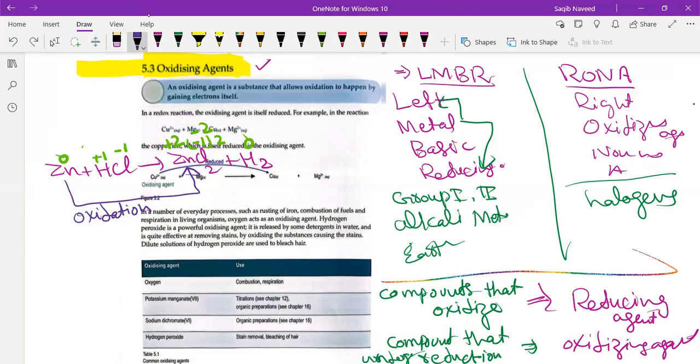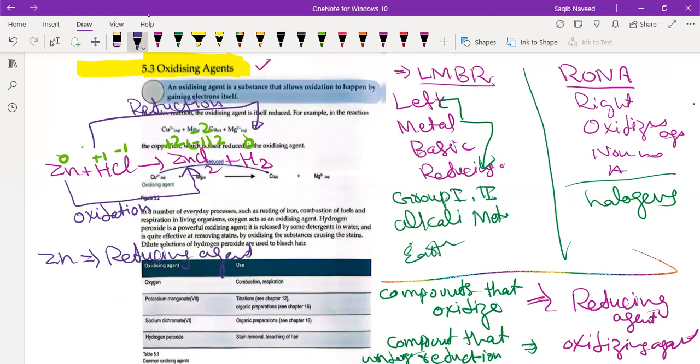What I am considering is hydrogen, it is going from +1 to 0. So what we say, reduction is occurring in hydrogen. So zinc is undergoing the oxidation process, so zinc will be called a reducing agent.